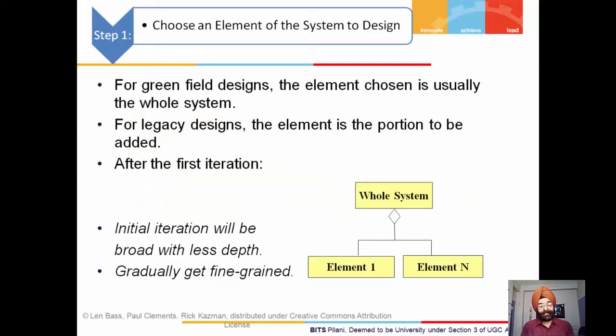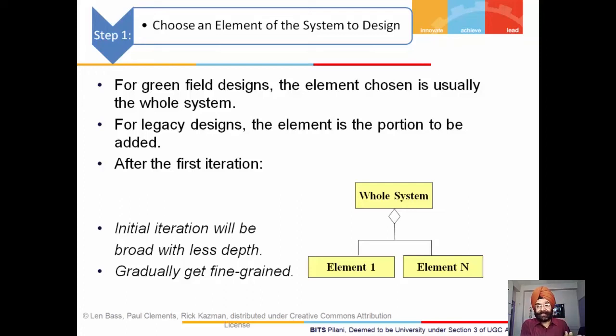How do we choose an element? In a greenfield design where there are no constraints at all, it is the whole system. You look at the whole system, and if you can come out with a design solution for the entire thing, very good. For legacy designs, you may have an element which is something to be added to the design.